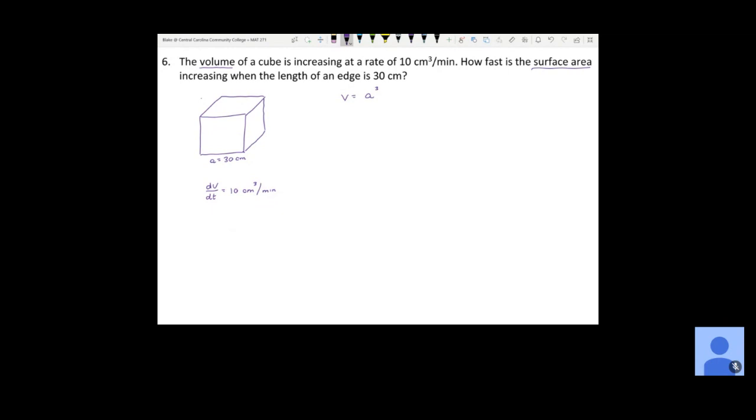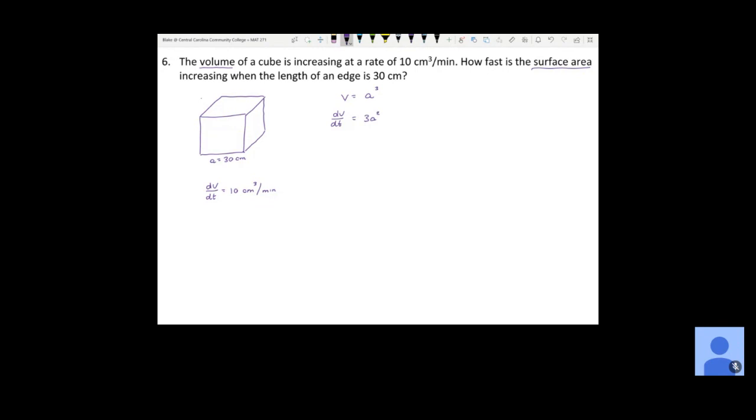Good. We need to find the derivative because we know something about the rate of change of volume. Well, what's the derivative of V going to give us? 3a squared, and this is dV/dt over here now. We get 3a squared.